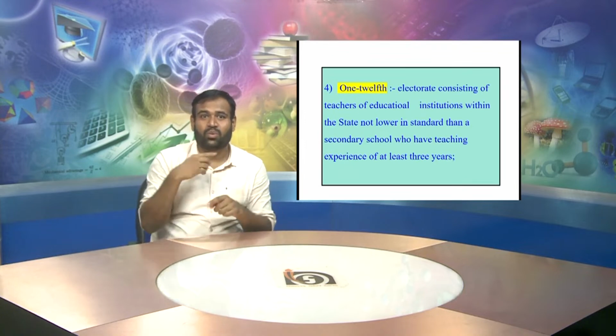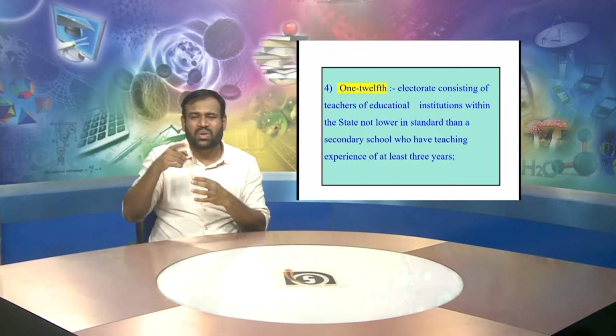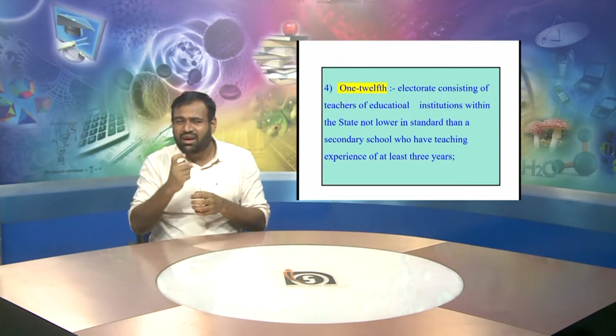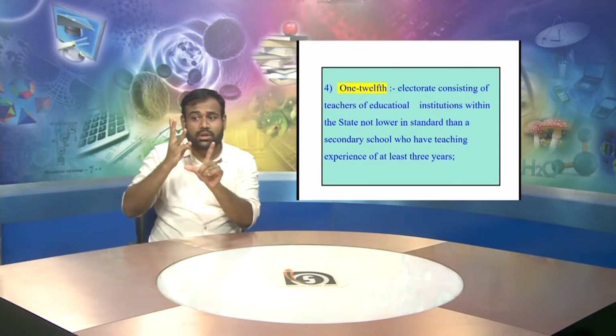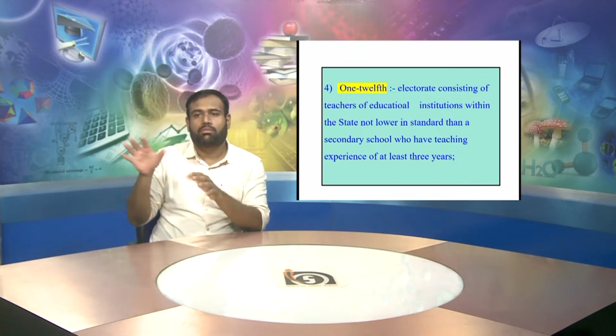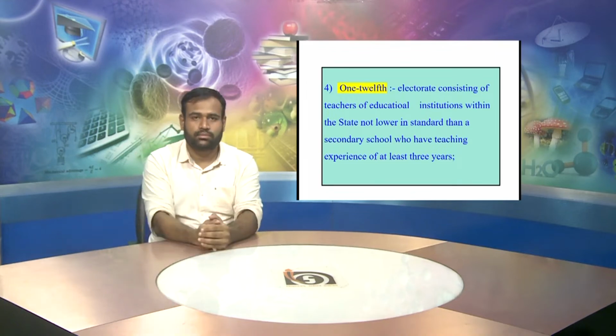The fourth one is 1/12, an electorate consisting of teachers of educational institutions within the state not lower in standard than a secondary school, who have teaching experience of at least 3 years.